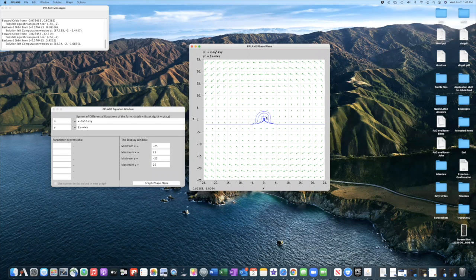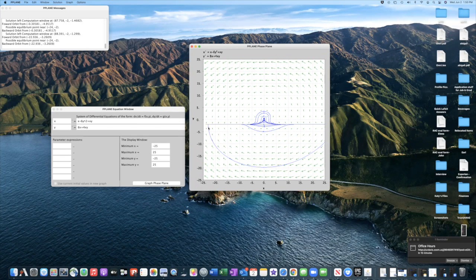It looks definitely kind of unstable to me, though. That's weird. And then over at our other equilibrium, -24, -2, about here. I don't know about that.